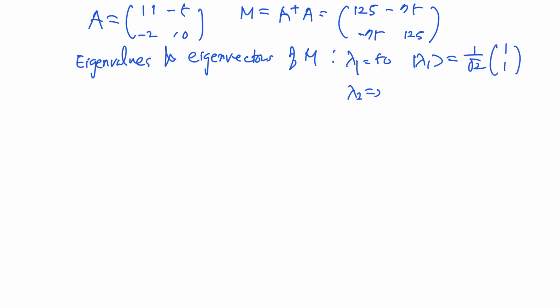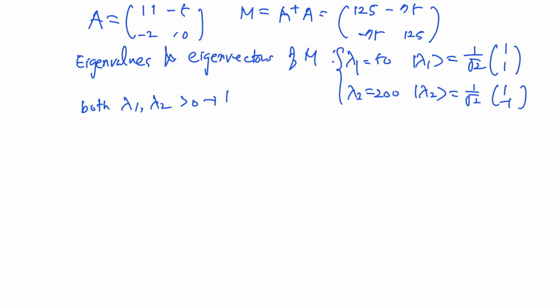Lambda 2 is 200, with eigenvector 1 over square root of 2 times (1, -1). So lambda 1 and lambda 2 are both positive. So M is a positive matrix.